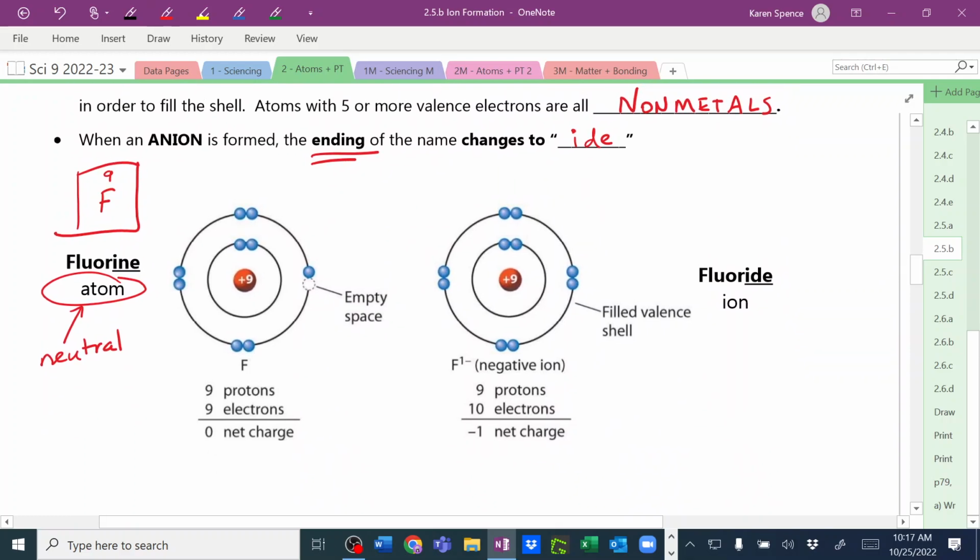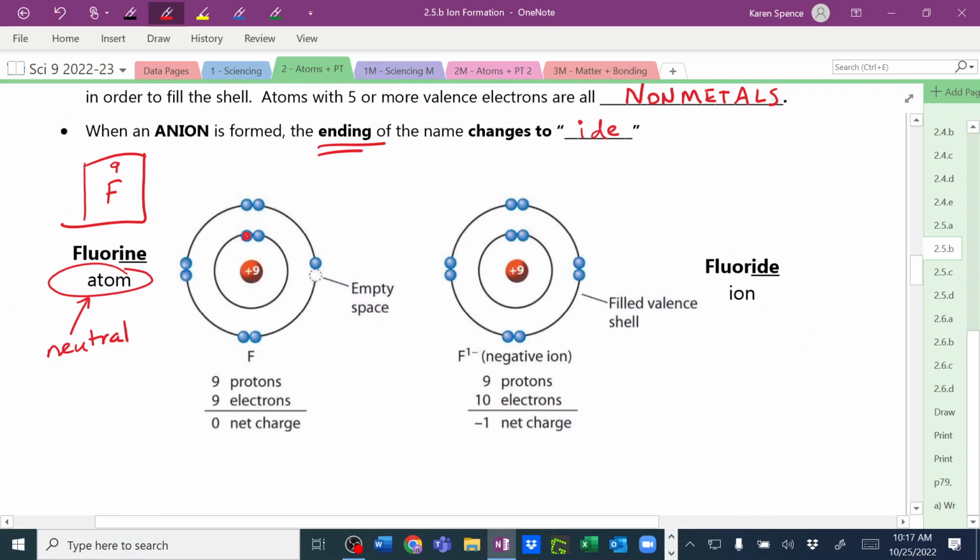So if we put in our electrons, 1, 2, 3, 4, 5, 6, 7, 8, 9. You'll notice it's a slightly different order than what we usually fill them in, but that's okay. We have an empty space in that outer shell.